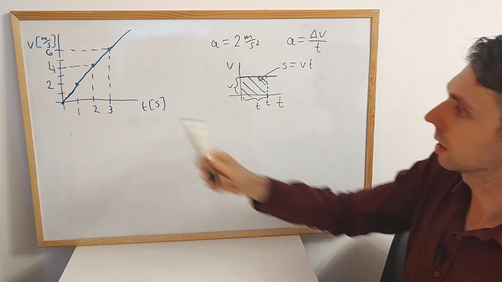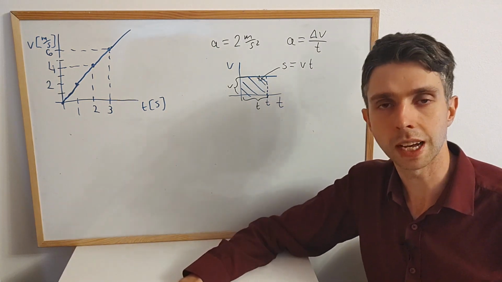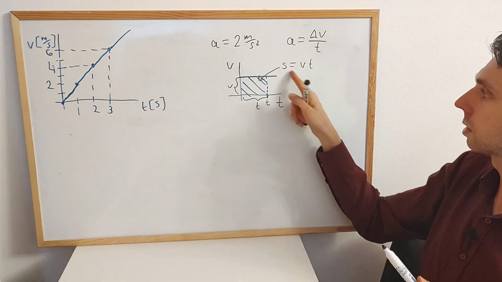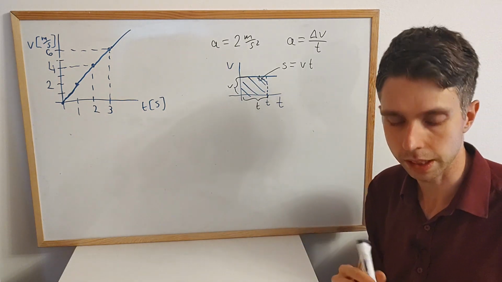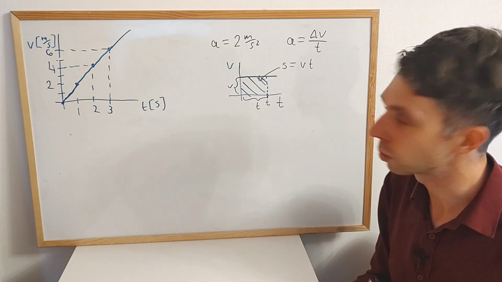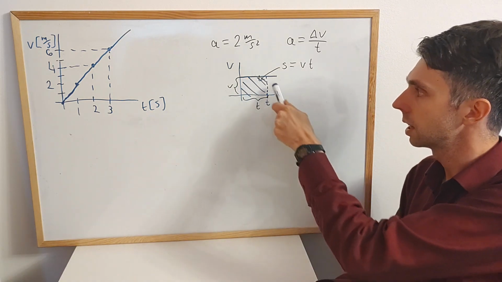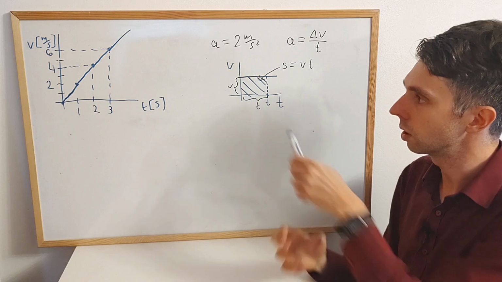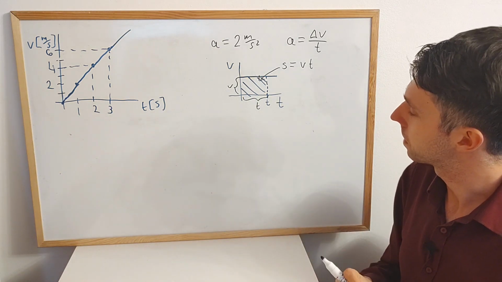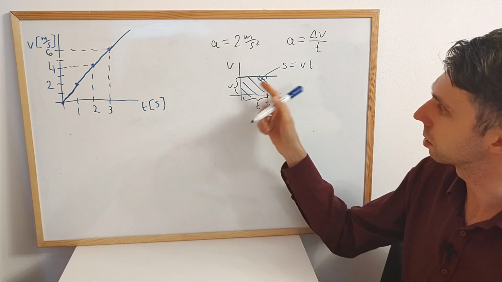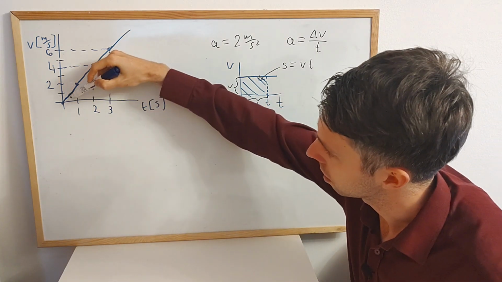Okay, in this case, in uniformly accelerated motion, this formula is no longer valid, but what is still correct is that the distance is the area of the figure below the plot of the function.